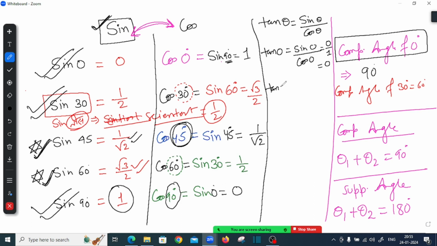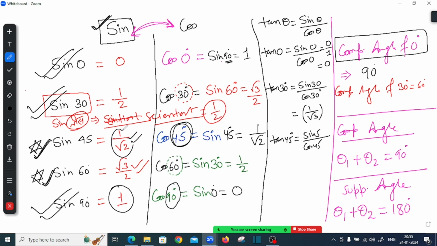Someone is asking tan 30 degree. So tan 30 is what? Sine 30 upon cos 30. When you put all the values, you will get 1 over root 3. Are you getting my point? Tan 45, see, sine 45 upon cos 45.